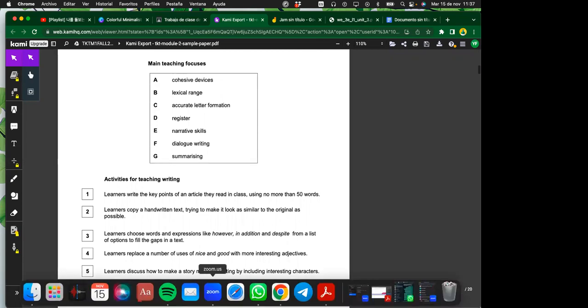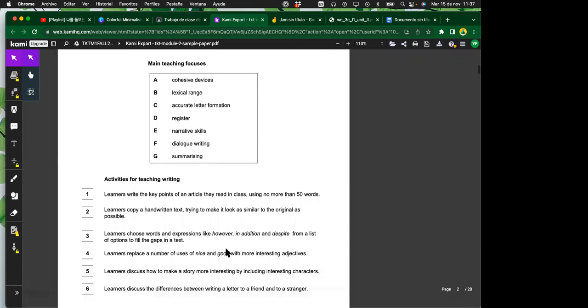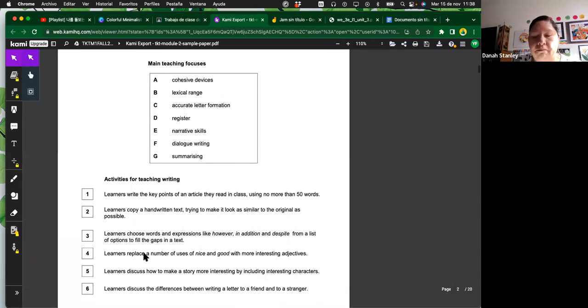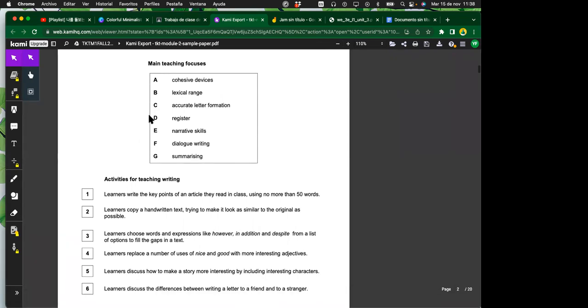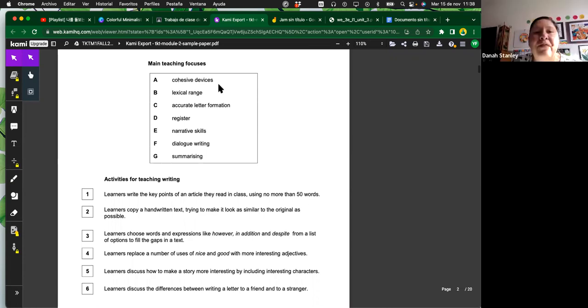Letter B. B, A. Cohesive devices, because they are going to give cohesion and coherence to the text. Excellent, very good.